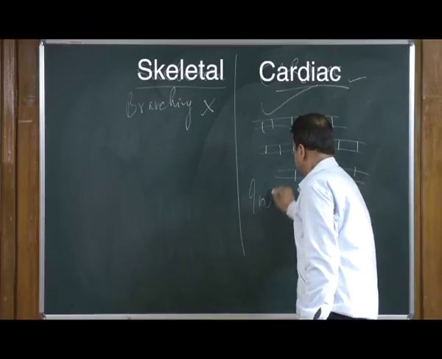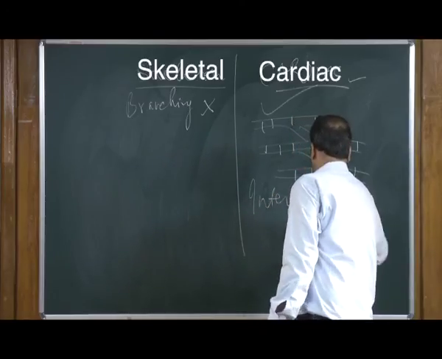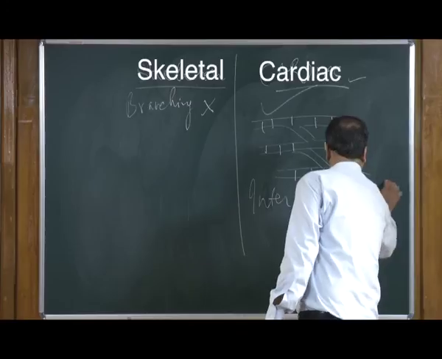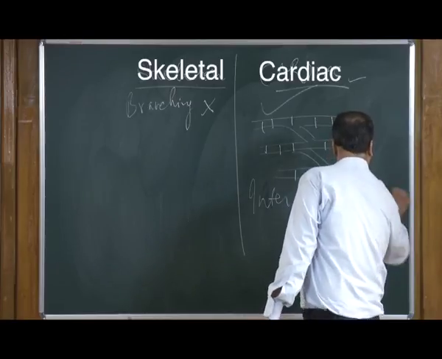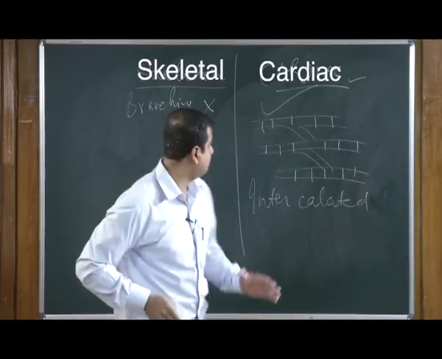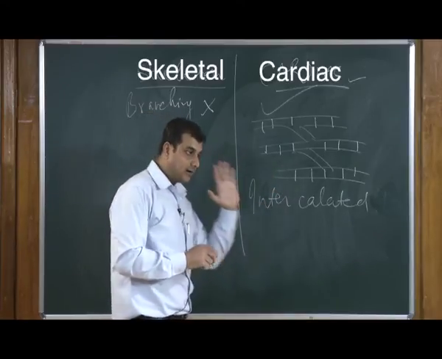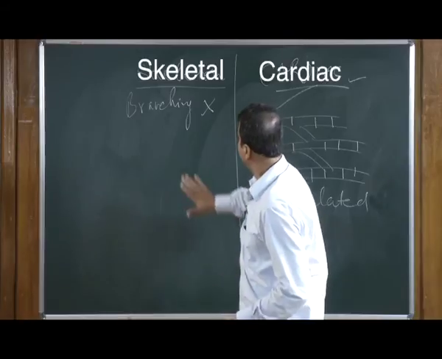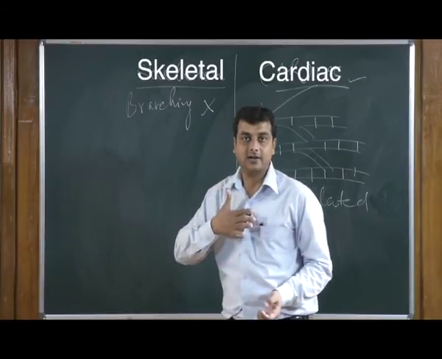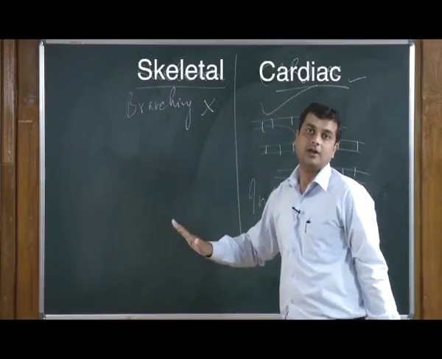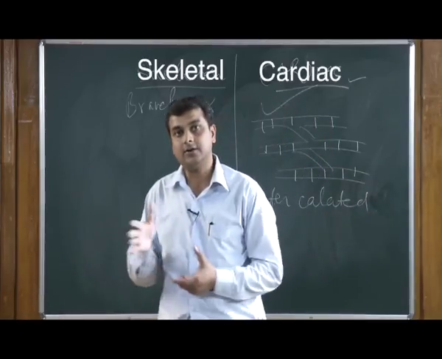We call it the intercalated disc. The intercalated disc is present in cardiac muscle while it is absent in skeletal muscle. One can nicely differentiate also that skeletal muscle is voluntary while cardiac muscle is involuntary in nature, so they are not under our control.